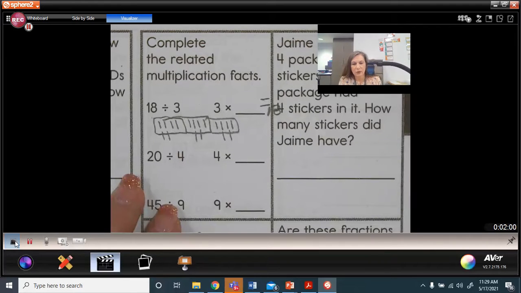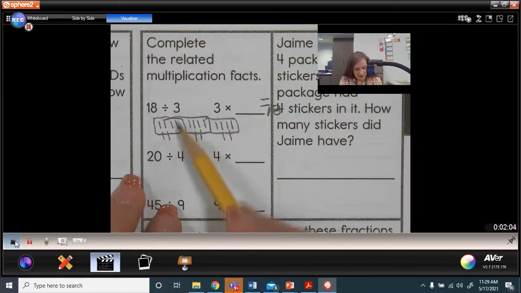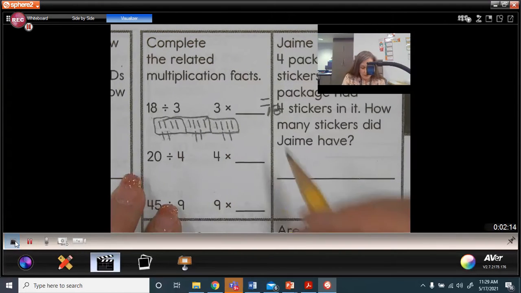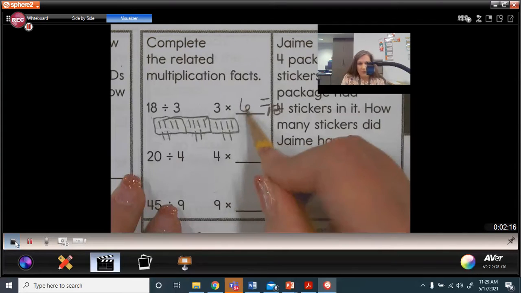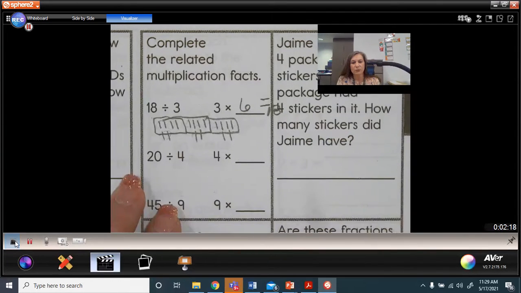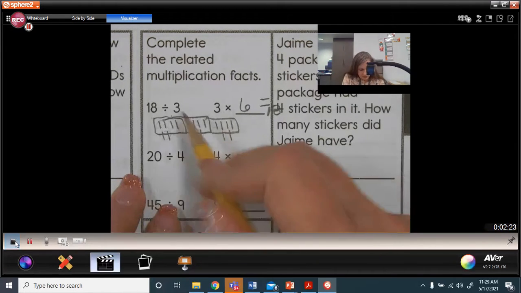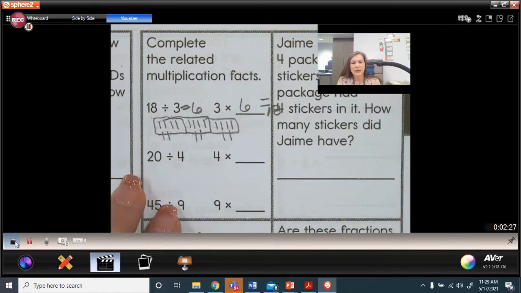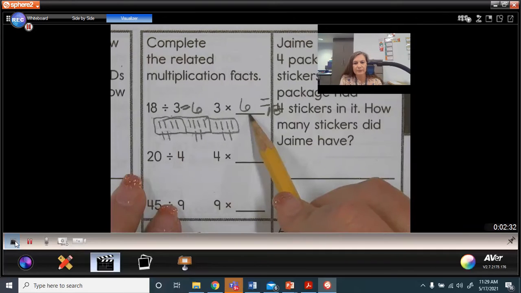I think I needed to make my groups a little bit bigger, but we still were able to see that I have 2, 4, 6, 2, 4, 6, 2, 4, 6, and I'm going to have 6 objects in each group. So when I take 18 divided by 3, it's going to give me 6 objects in each group. So my missing factor is going to be 6.